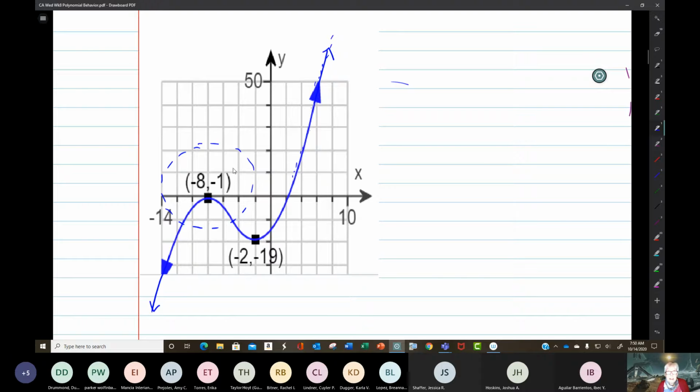So this is the hilltop, and it's higher than the rest of the area around it, even though it's not the very highest point on the graph, any of these points would be higher. But that's why it's called a relative maximum point.